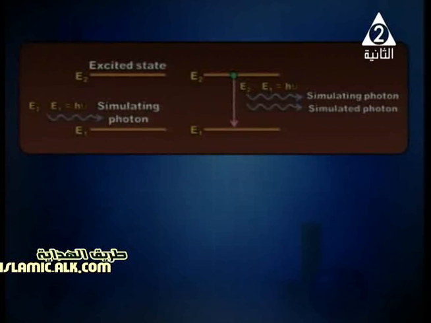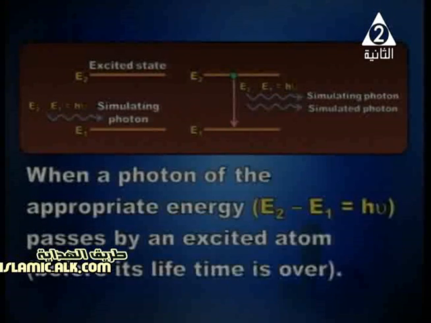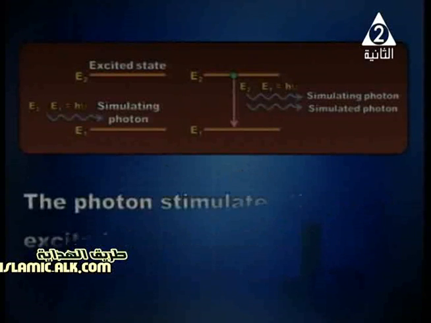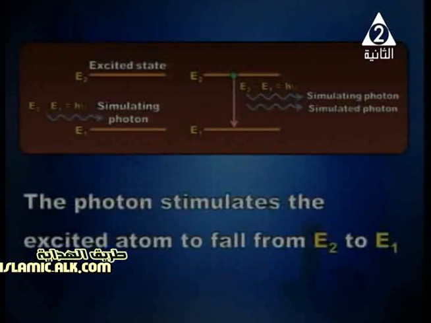The stimulating photon urges the electron to relax to E1 before its lifetime is over. So we've got two photons, the stimulating photon and the stimulated one. When a photon of the appropriate energy, equal to E2 minus E1, passes by an excited atom before its lifetime is over, the photon stimulates the excited atom to fall from E2 to E1.